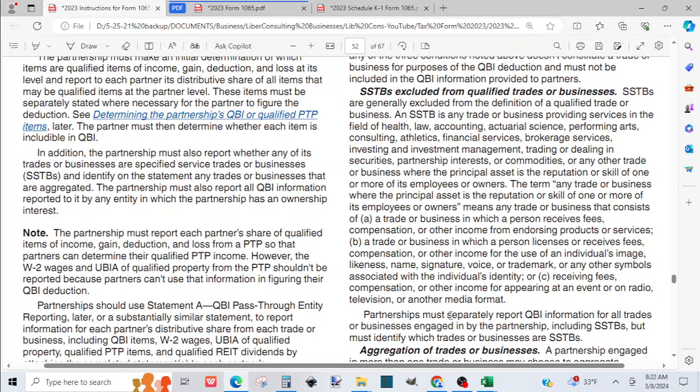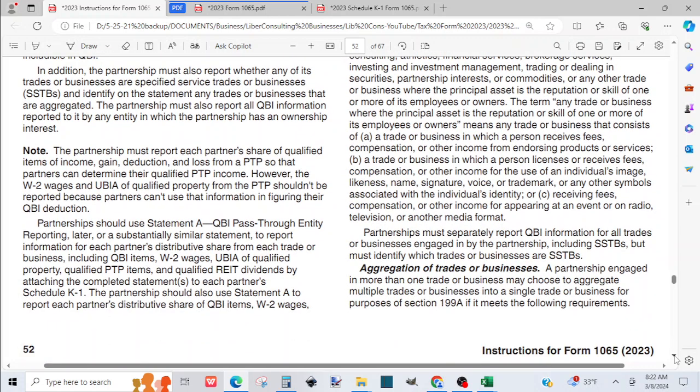So the partnership might separately report QBI information for all trades or businesses engaged in by the partnership, including SSTBs, but must identify which trades or businesses are SSTBs. So that is that.